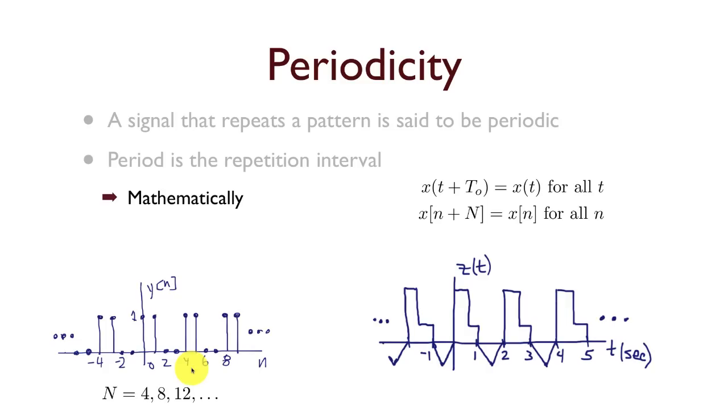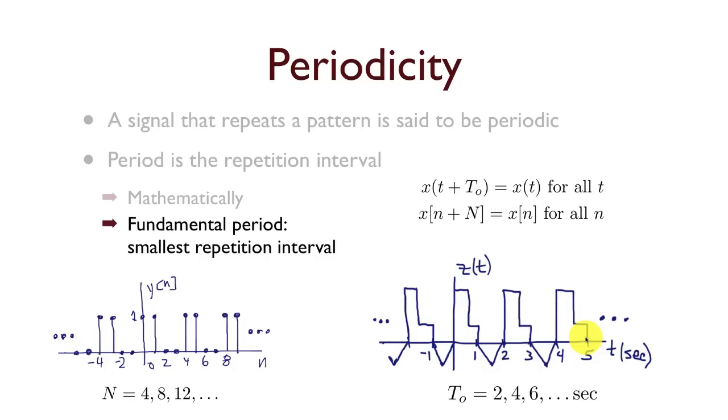The period in the discrete time signal is going to be 4 or 8, it turns out. I can also shift it by 8, or I could also shift it by 12 and it would perfectly line up, and you see that any multiple of 4 will give you the same signal. In my continuous time example, if I shifted by 2, or 4, or 6, I would get exactly the same signal.